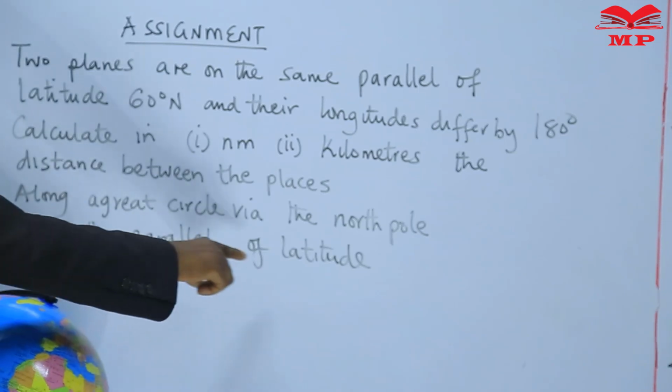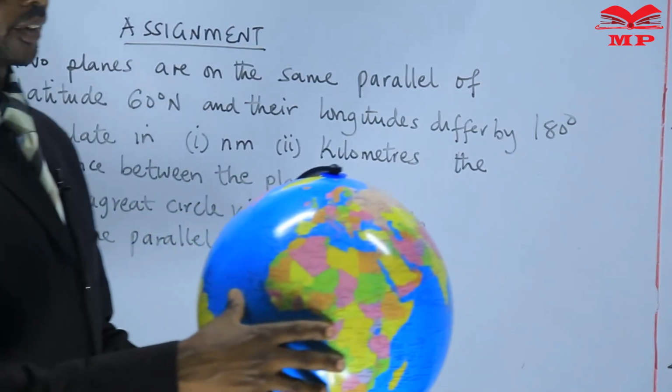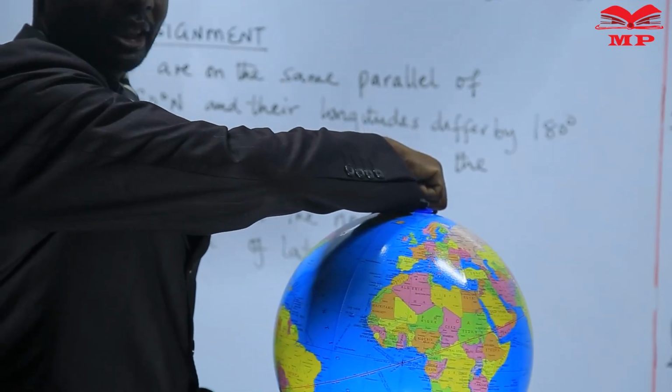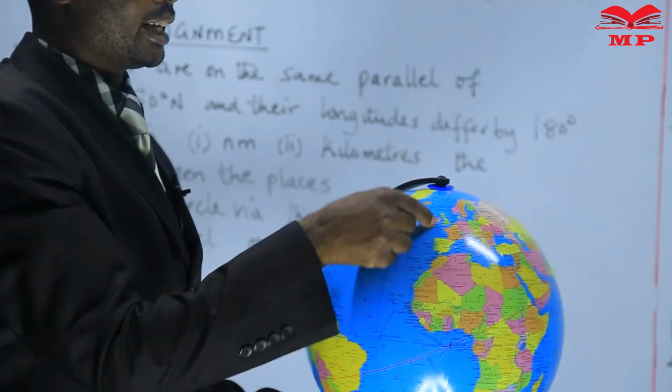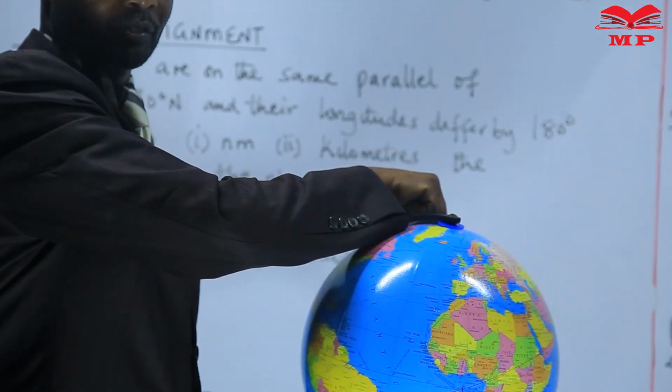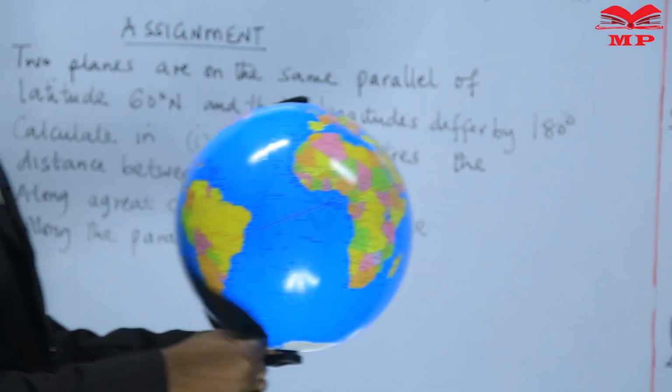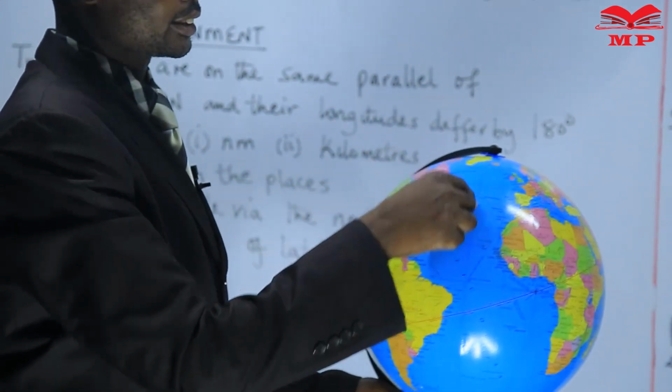Another one is along the parallel of latitude. So you'll move this way. In B, they are talking of that. In A, you move through the North Pole. So you realize when you are moving through the North Pole, you are moving through a great circle.